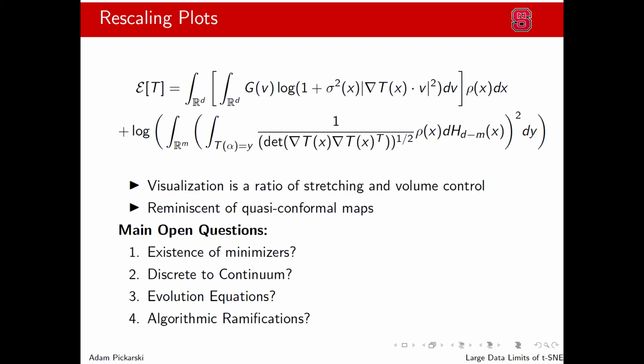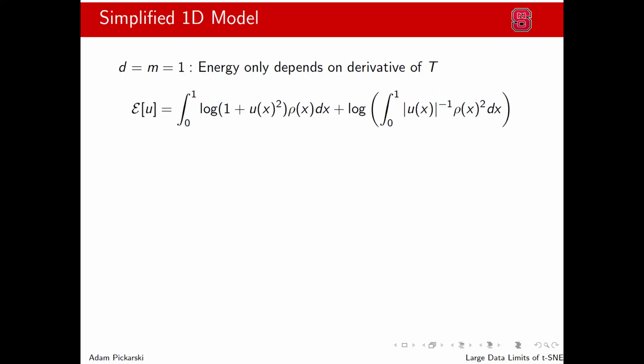But now, bringing in the stuff that we've been more recently working on with Jeff, we simplify this a little bit and look at a one-dimensional model. It turns out that if you set D, the high dimensional space, and the low dimensional space equal to 1, then the energy only depends on the gradient of T. That's what I'm calling U here. And you get this.